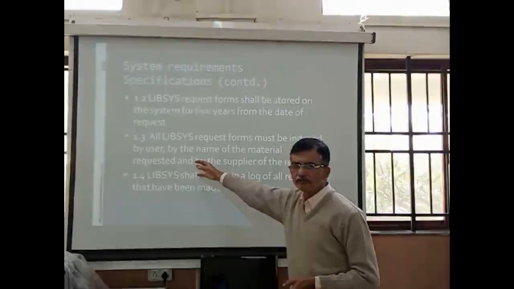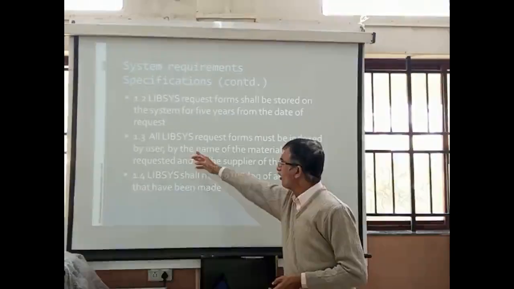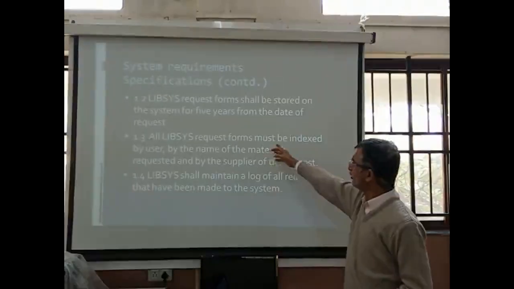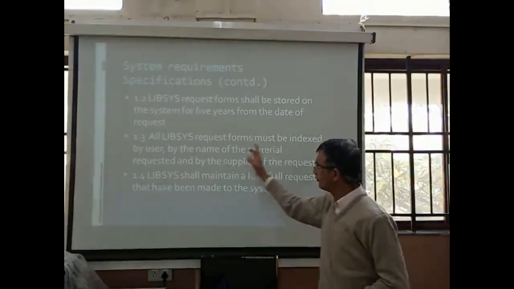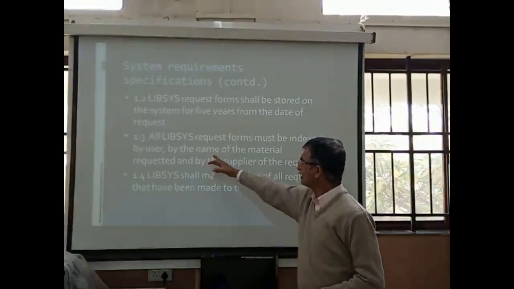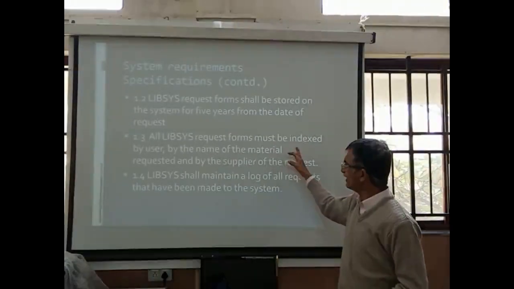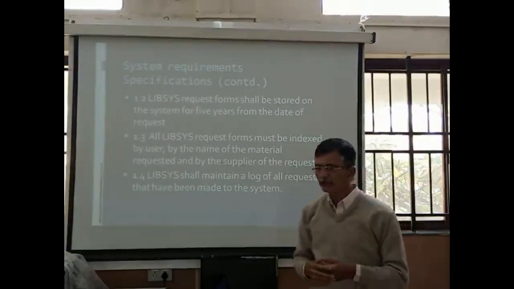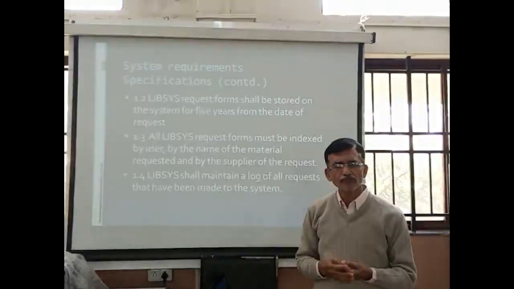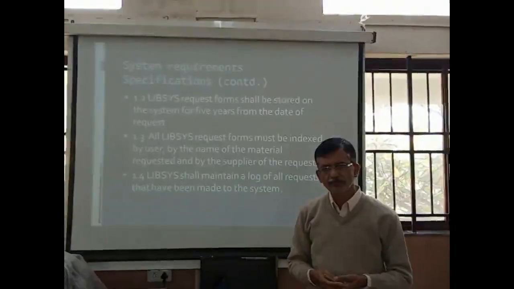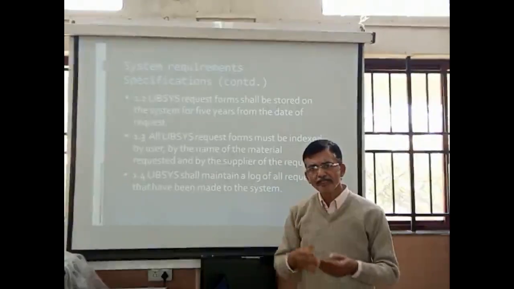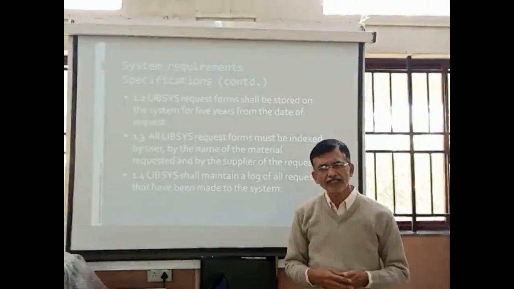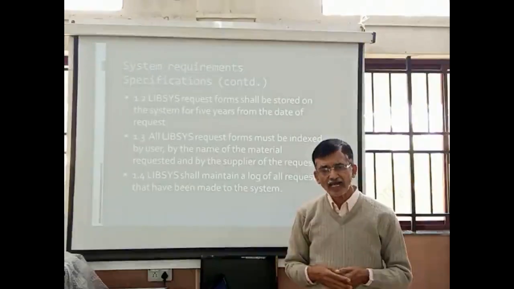The third system statement can be: all library system request forms must be indexed by user, by the name of the material requested, and by the supplier of the request. So all these request forms should be properly indexed and kept in an arranged manner so that at any time they are available.